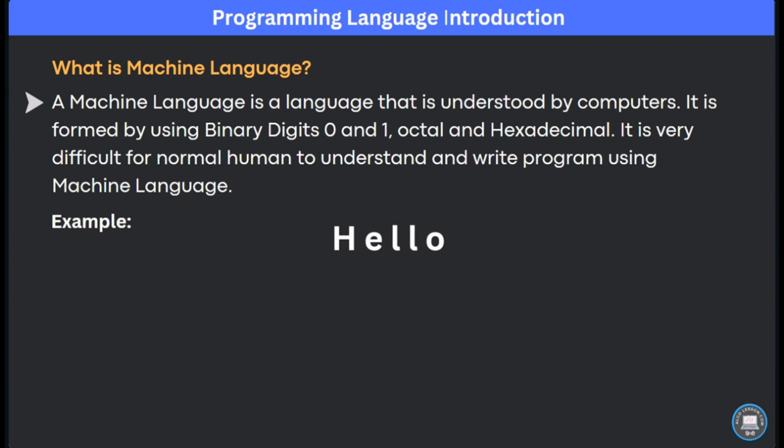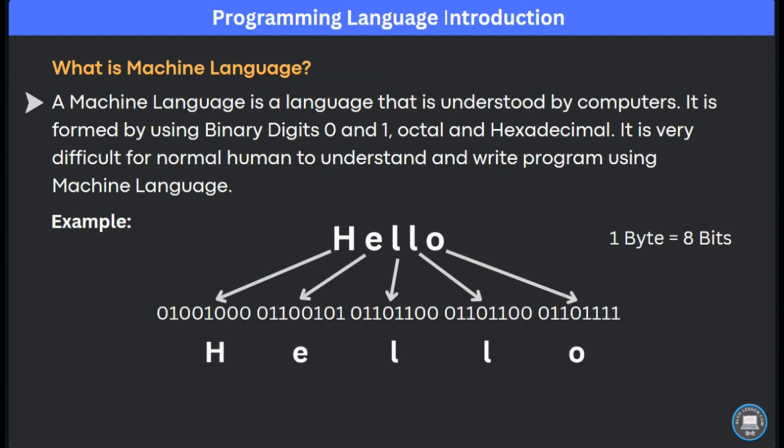Imagine you want to print hello on your computer screen. Now, if you want to give this instruction to your computer using machine language, you have to write something like this. If you see, for each alphabet or for each letter there is a series of 8 zeros and ones.